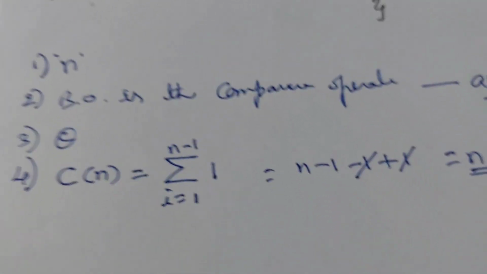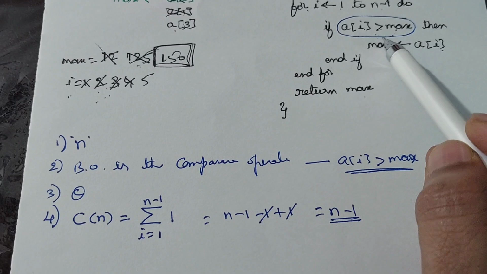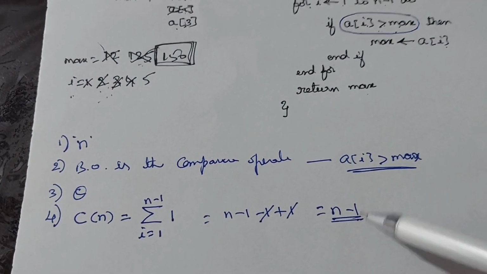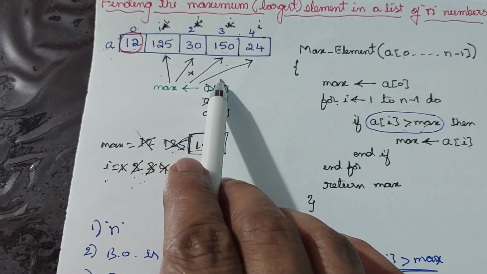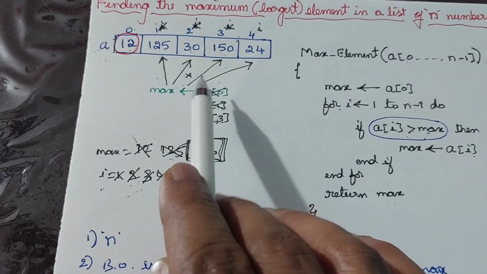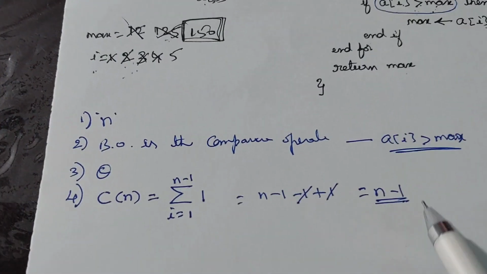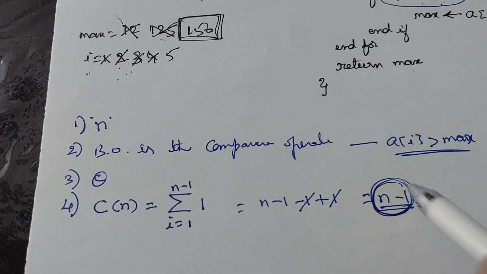That means we are executing this comparison operation exactly n minus 1 times. See here, how many times did we compare? 1 time, 2 times, 3 times, 4 times. If you have 10 elements, 9 times; 100 elements, 99 times; n elements, n minus 1. So this is the number of times we execute the basic operation.